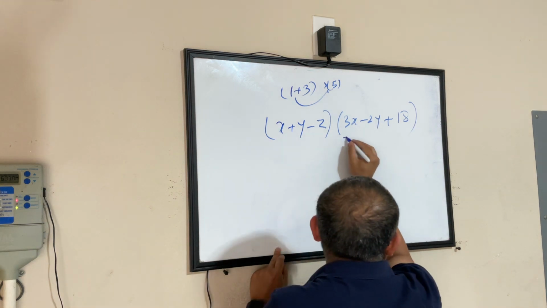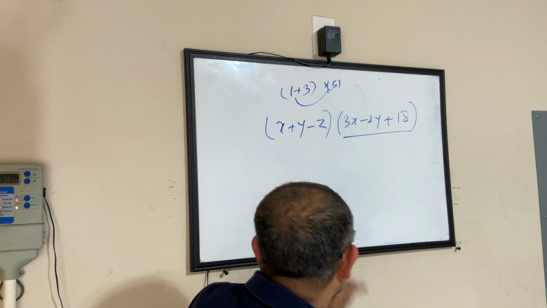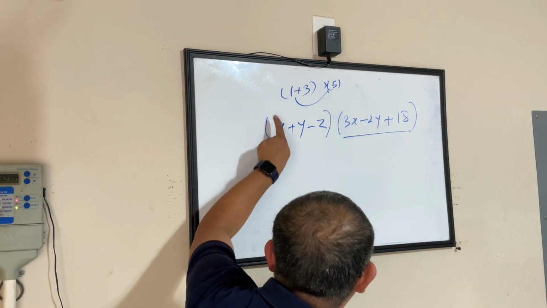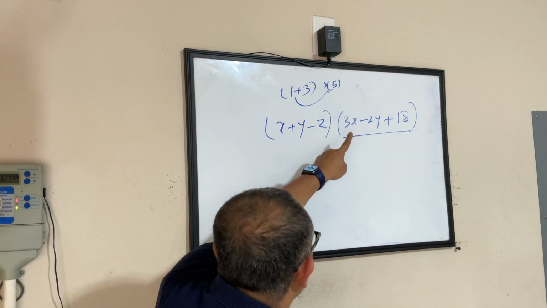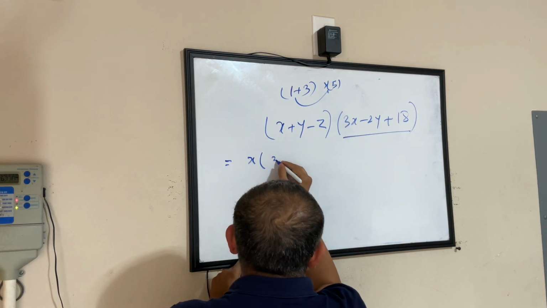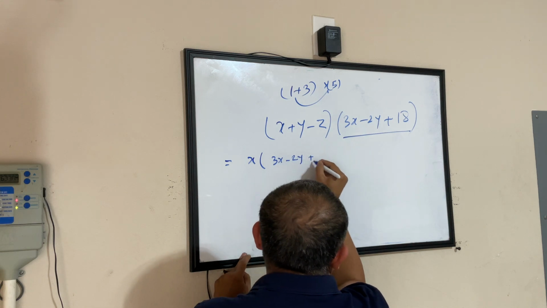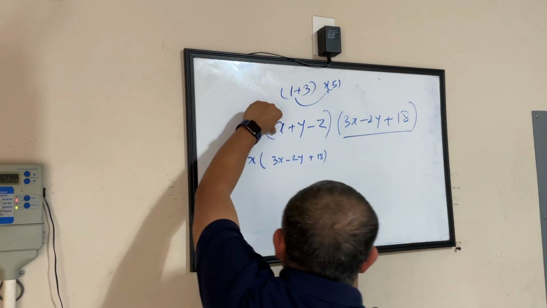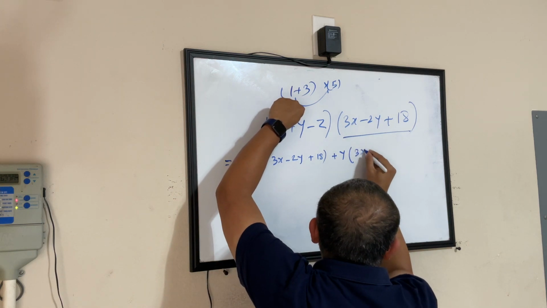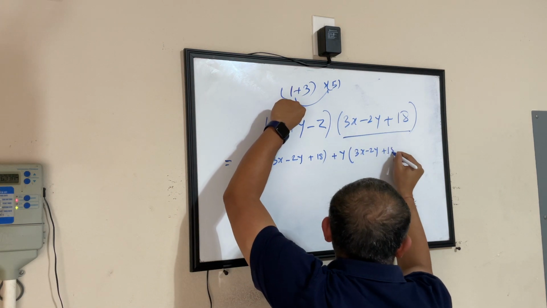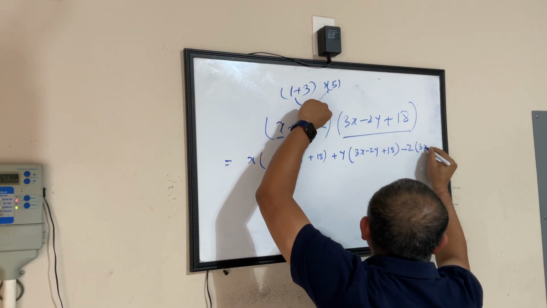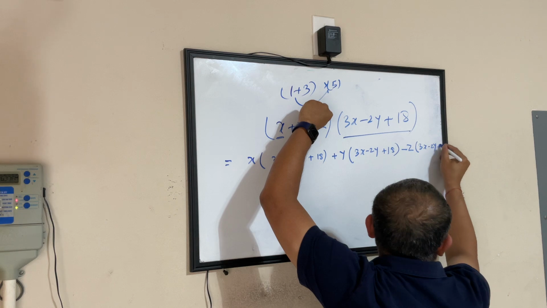Now, this is what I'm taking as a base. I can take this also as a base, not a problem. I'm taking this as a base and I'll multiply every element with this guy. So, my story becomes like this: x times (3x minus 2y plus 18), so x is done, plus y times (3x minus 2y plus 18), minus z times (3x minus 2y plus 18).